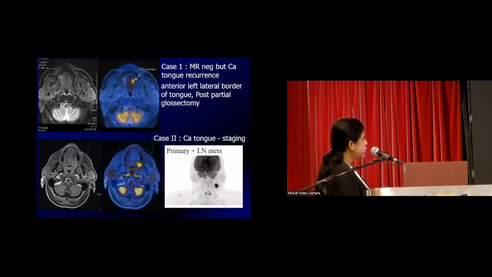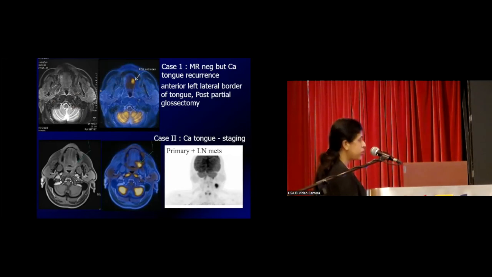So we move on to a few case series of head and neck malignancies. The first case is a patient with suspected tongue recurrence. You can see the MR images do not provide any information at the site where the FDG uptake is seen. You can see the arrow marks. That is the site of increased FDG uptake, which clearly demonstrates that it is a site of recurrence involving the left lateral border of the tongue.